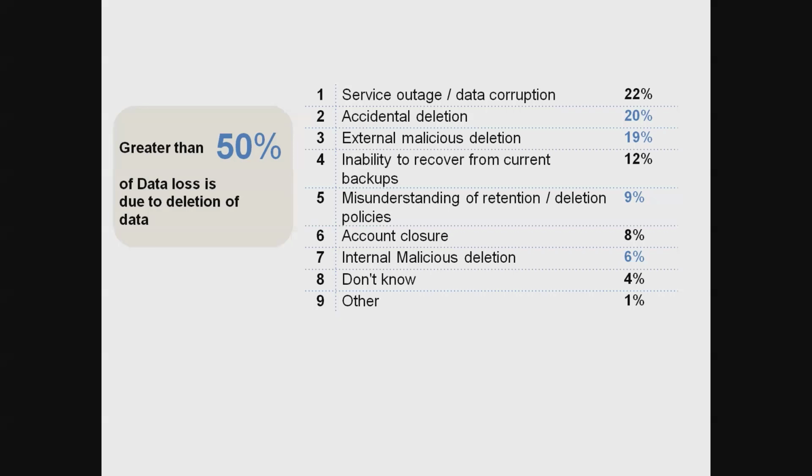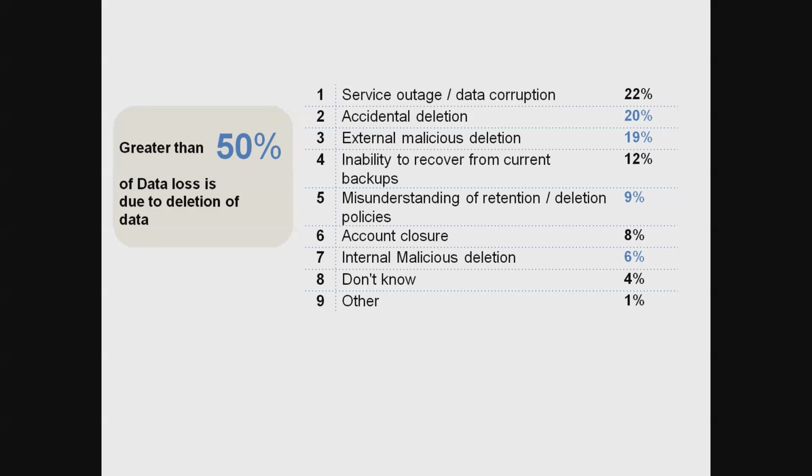And if we consider everything like external malicious deletions, inability to recover from current backups, misunderstanding of retention or deletion policy, account closures, internal malicious deletions, and several other reasons which we cannot predict. Maybe some employees are leaving the organization and they have deleted data intentionally. That is one of the cases here. So more than 50% of data loss is due to deletion of data.